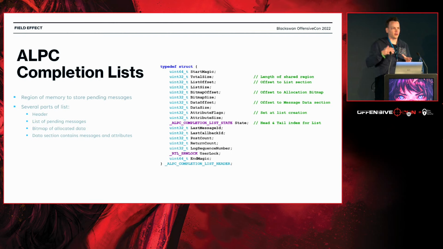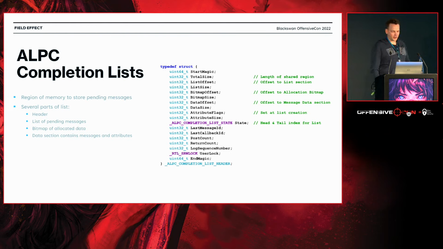What it is used for is storing any pending receive messages. There are different parts of a completion list. There's the header, which is the structure that you can see here. Then there's a section that contains a list of any pending messages, a bitmap section that's used to do allocations out of the data section, which is the last one. And in the header, as you can see, there are offsets and sizes of all the different sections.